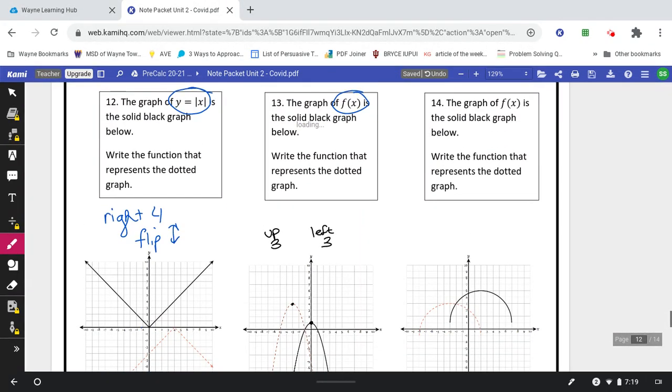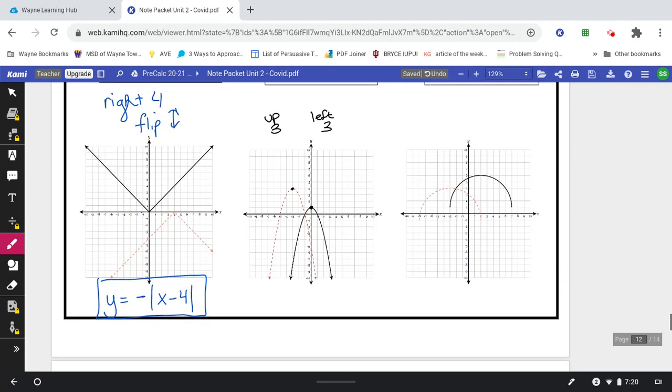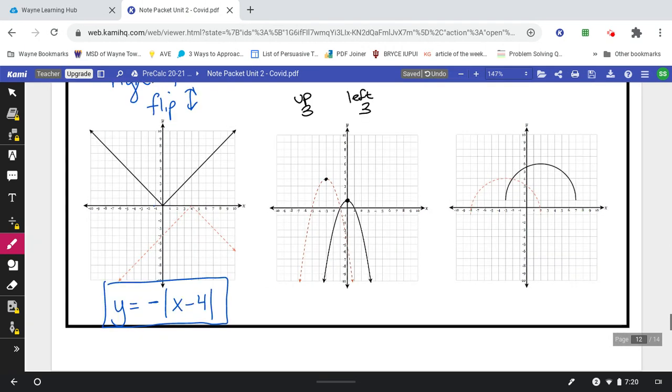All right, now using the f of x, we are going to write it as f of, and then we're going to move up 3 and left 3. So the left is what's going to go inside the parentheses as a plus 3. Remember, always the opposite. And the up 3 is going to go at the end. So f of x was my original graph, and I moved it left 3 and up 3.